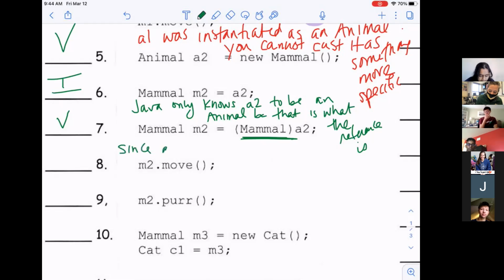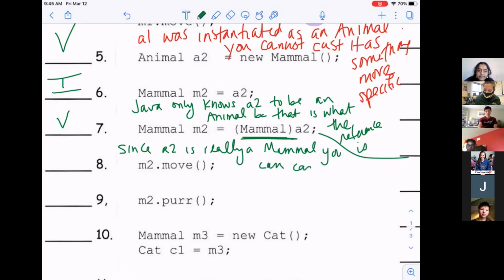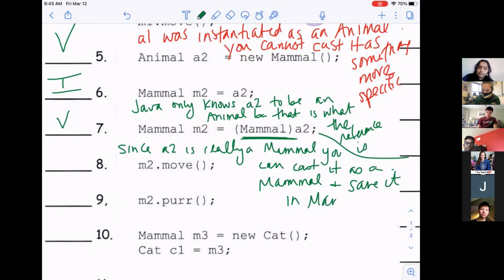So since A2 is really a mammal, and if you got to go, that's fine, I'm just going to finish this sentence. Since A2 is really a mammal, you can cast it as a mammal and then save it in a mammal reference.